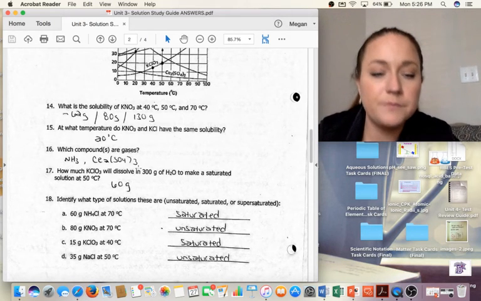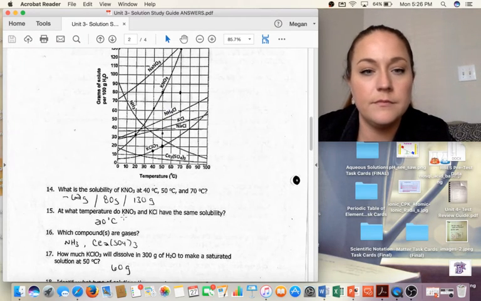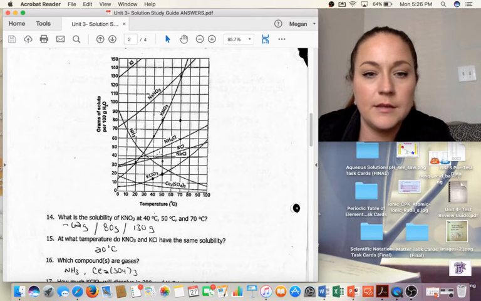Please remember, and we're going to look at the NaCl, sodium chloride line, which is right here, straight across.